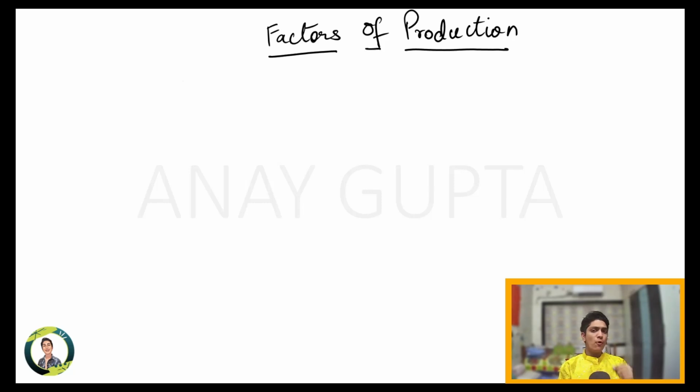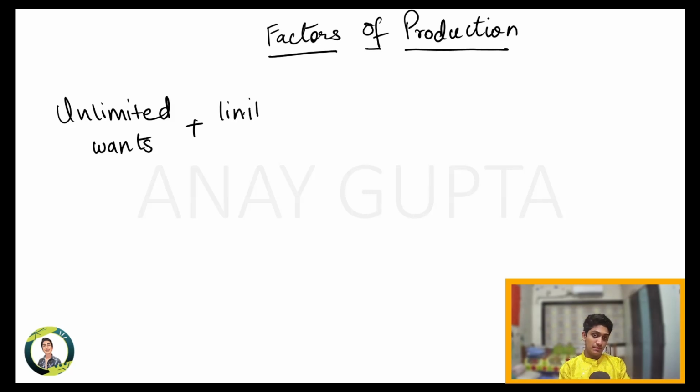Okay, we spoke about the basic economic problem in the last video, and that was unlimited wants but limited resources. And although this equation was explained in different contexts by me in the last video, it generally talks about production and manufacturing purposes.